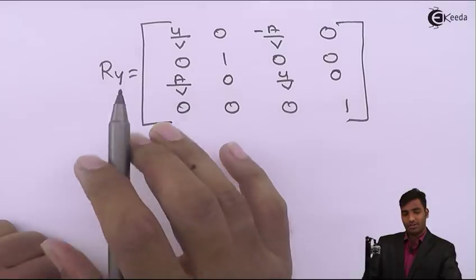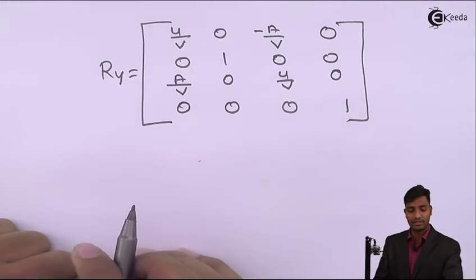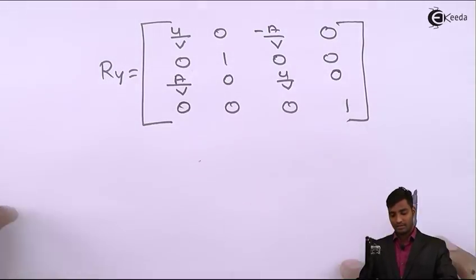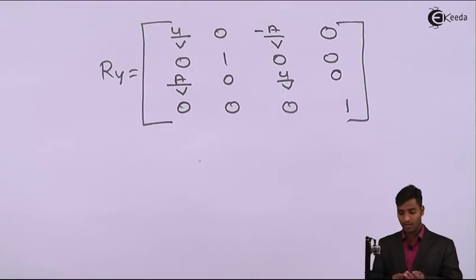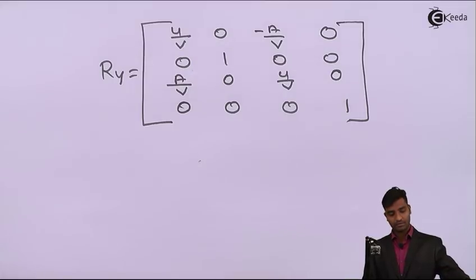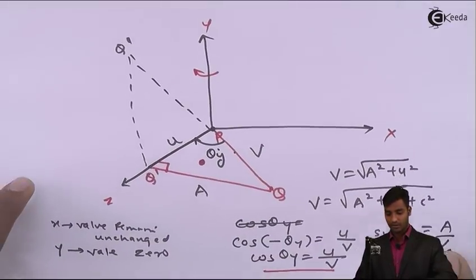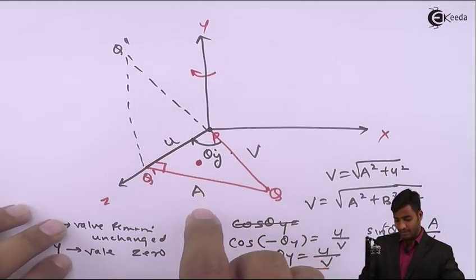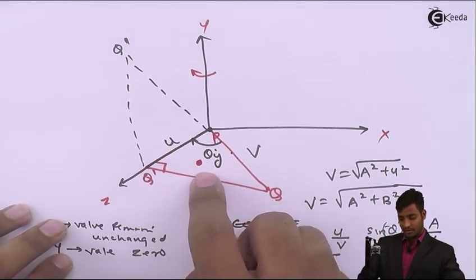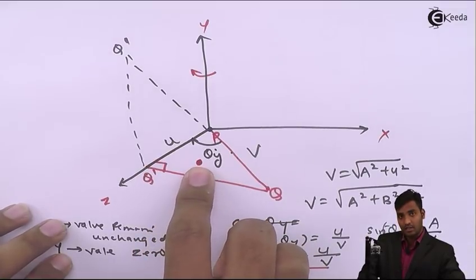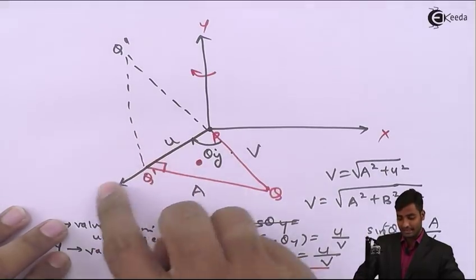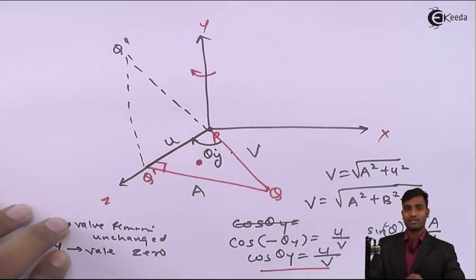We require the values of cos theta and sin theta, that's why we are using the relations, so that we can replace the theta values with the relations u and v. Now after performing these transformations, the point has been transformed in this way. So now we can successfully rotate this point about the z axis. So now we will directly use the standard matrices for rotation about z axis.